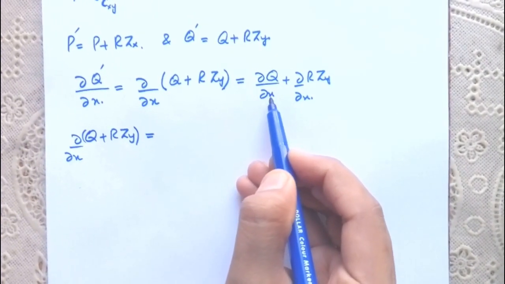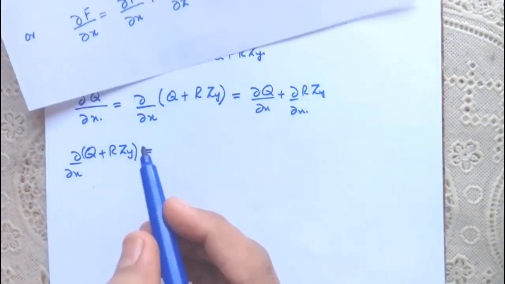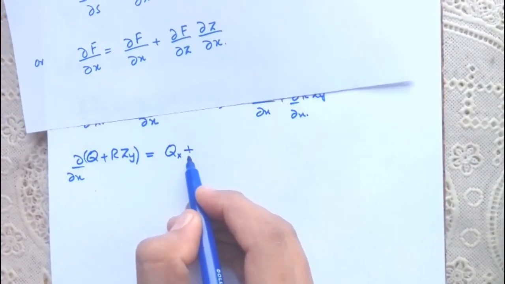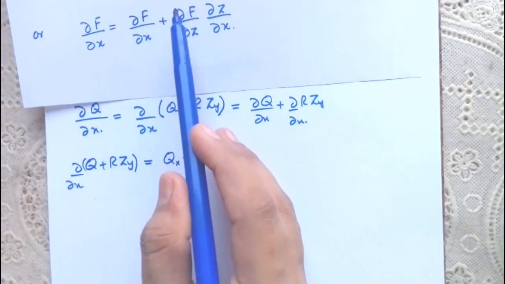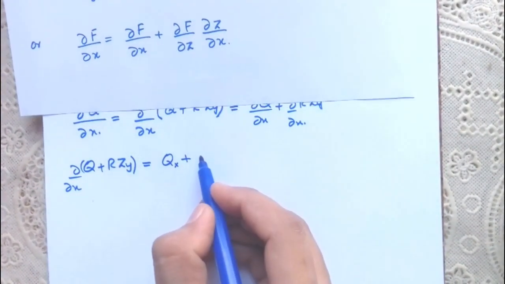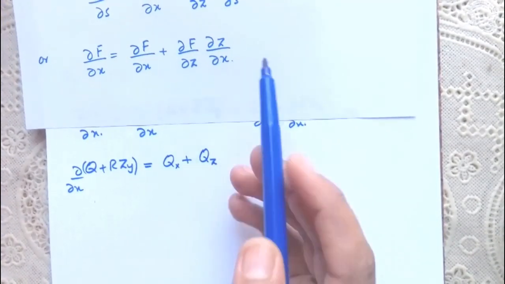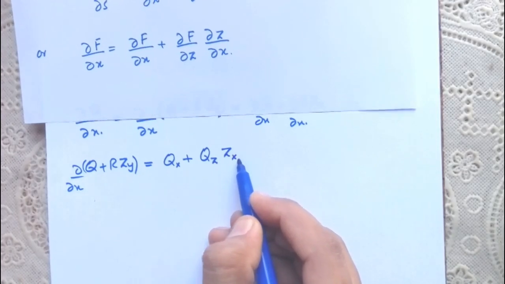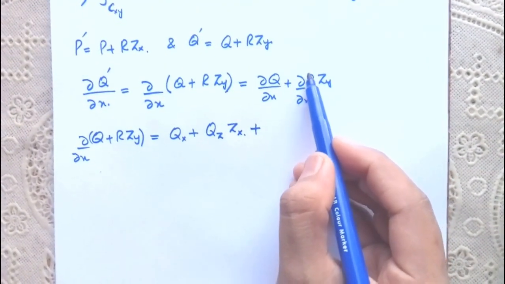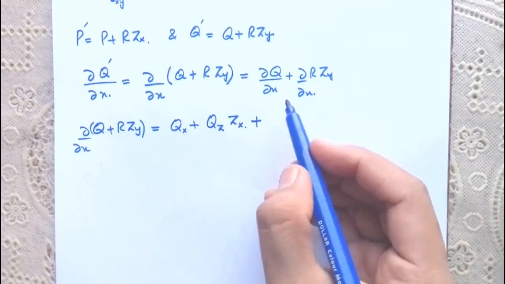Partial of q with respect to x we can write as qx plus partial of q, here f is q, so partial of q with respect to z and partial of z with respect to x means zx, plus now it is a product of two functions r and zy, so we use product rule of derivative.